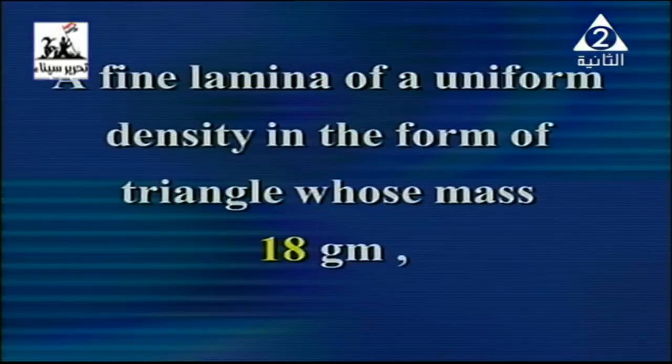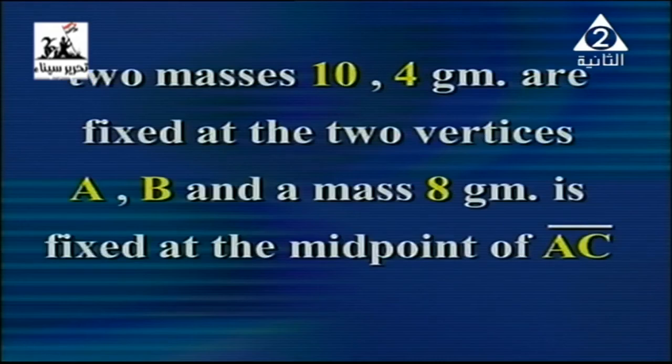Find the center of gravity of a lamina of uniform density in the form of a triangle whose mass is 18 gram. Two masses, 10 and 4 gram, are fixed at two vertices A and B, and a mass of 8 gram is fixed at the midpoint of AC.